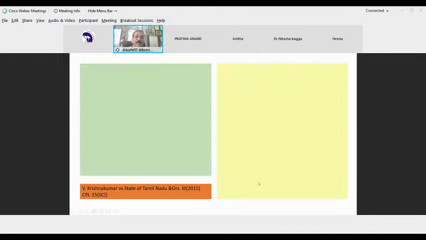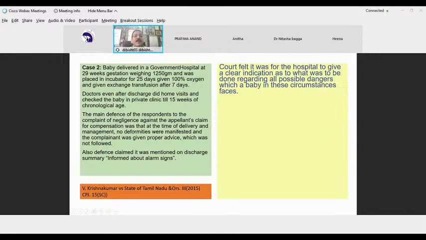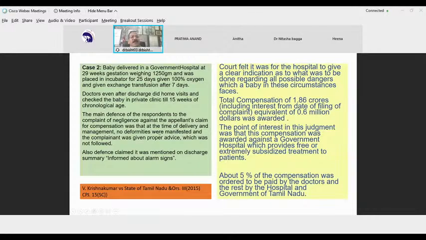This is another interesting case, and it is interesting that it was against the state of Tamil Nadu, V. Krishna Kumar versus State of Tamil Nadu in 2015, and it has the highest compensation also. The baby was delivered in a government hospital at 29 weeks, the doctor discharged, and they did home visits up to 15 weeks. Even after 15 weeks, the baby was being followed.